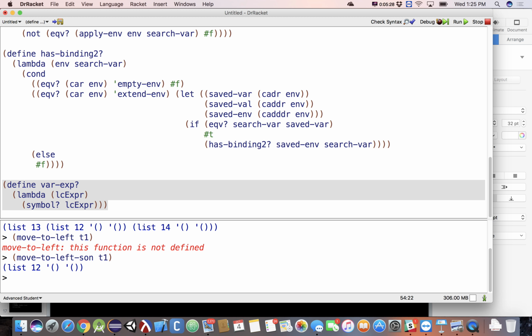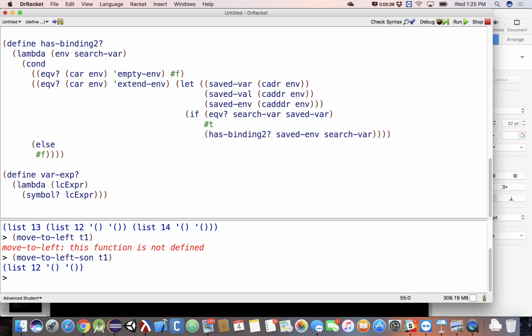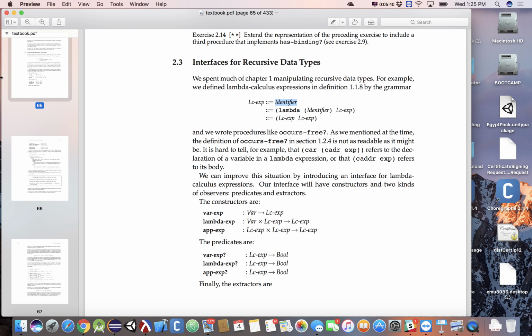Like that. Look reasonable? That's just an identifier. Return true if the lambda calculus expression is an identifier. Return false otherwise, if it's anything else. All right. Next one is whether something is a lambda expression.